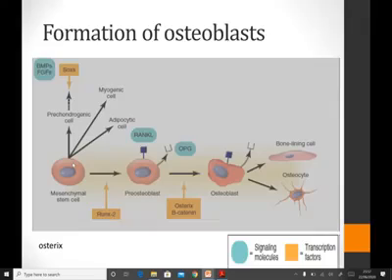So the mesenchymal stem cell could give rise to a cartilage forming cell through the formation of the prechondrogenic cell. It could differentiate into a myogenic cell, or it could differentiate into an adipocytic cell, or it could differentiate into a pre-osteoblast. Now, pre-osteoblast is a precursor for the osteoblast.